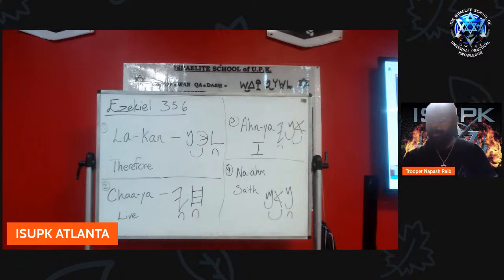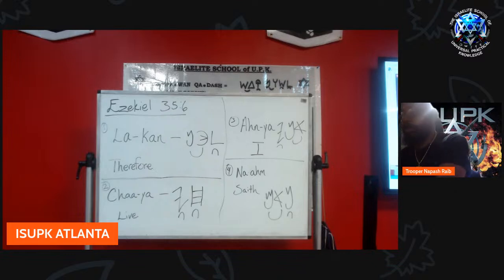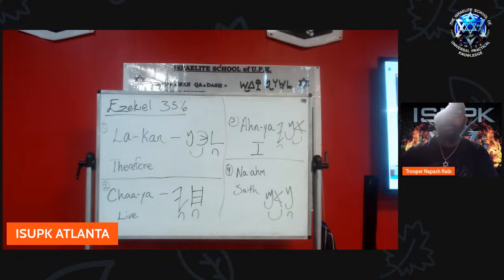All right, we have on the board right now Ezekiel 35:6. We have the first 4 words: Lakan, kaya, anya, naam.